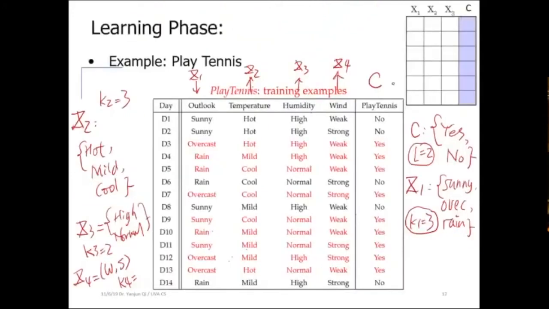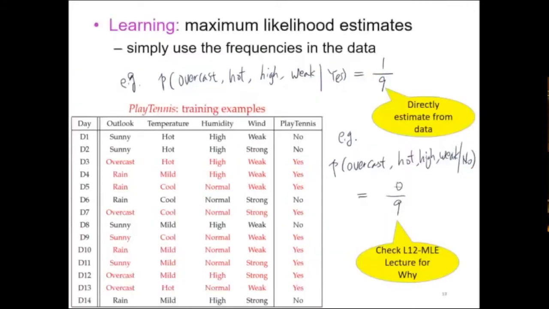All right, so in the end, I try to more concretely show X2, X3 with 2 cases, X4 with 2 cases, X1 with 3 cases, and C. This is the 1/9, and then 0/9. I try to show you almost the same thing: you just directly estimate from data.